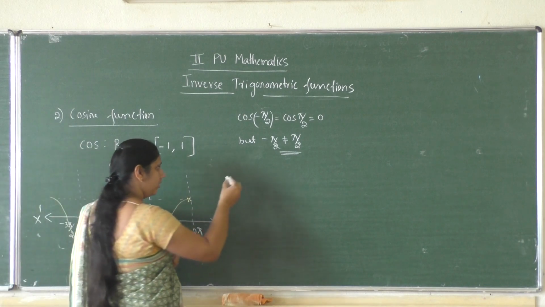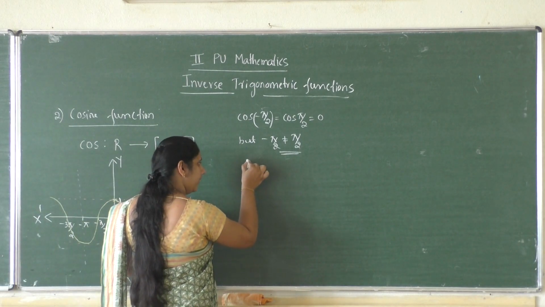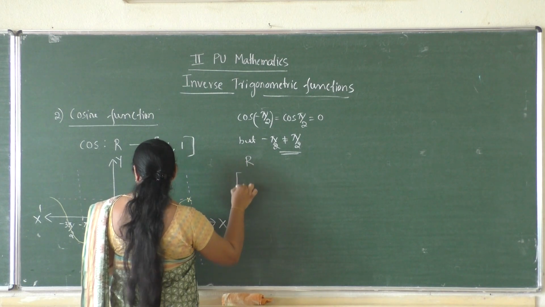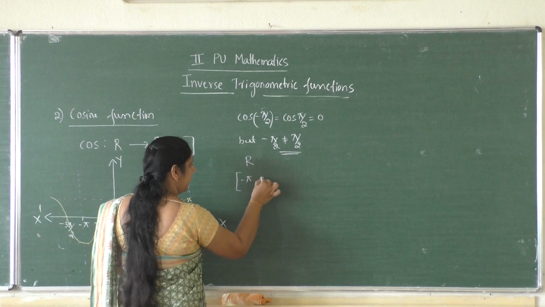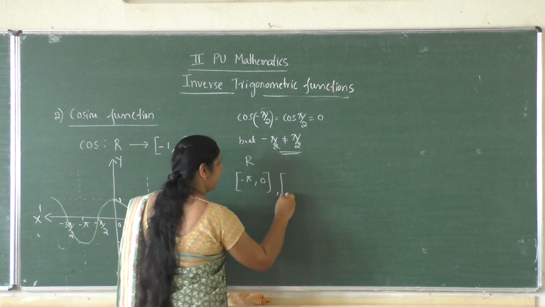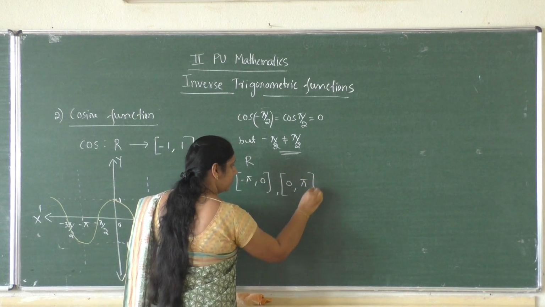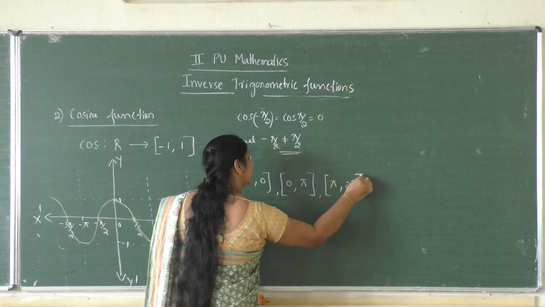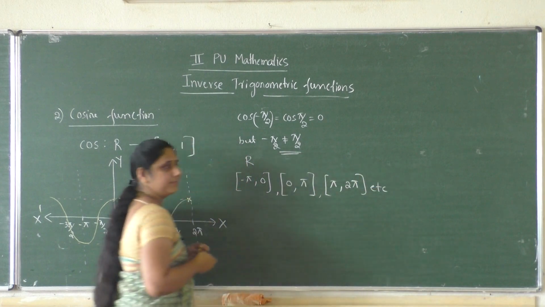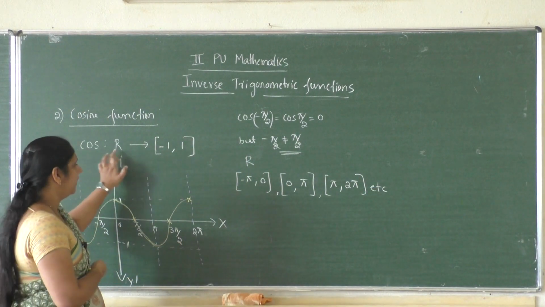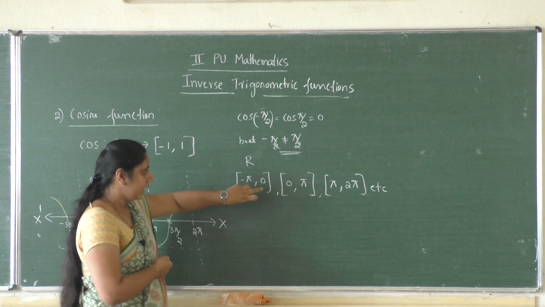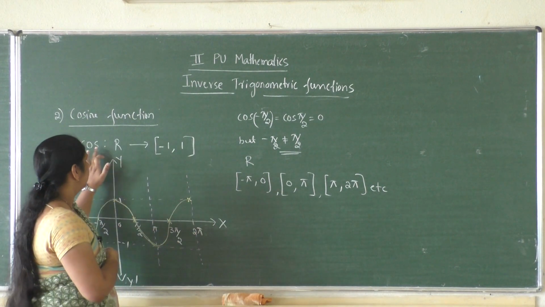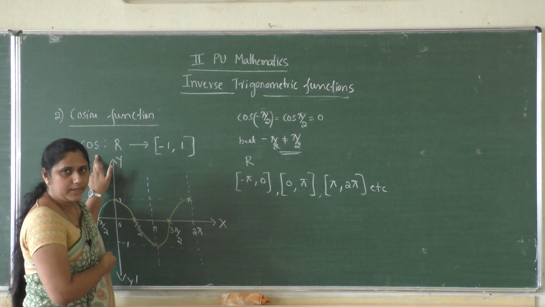Now, what we have to do? You have to divide the whole interval R into intervals like -pi to 0, 0 to pi, pi to 2 pi, etc. Right? So if I divide R into these intervals and take one of the intervals as the domain, then the inverse of the cos function will be defined.